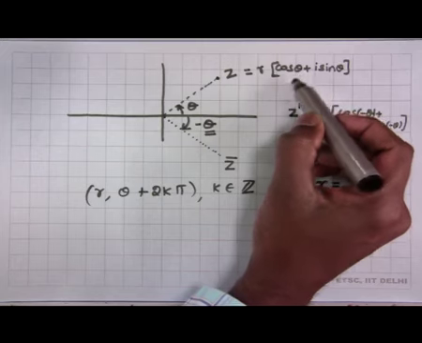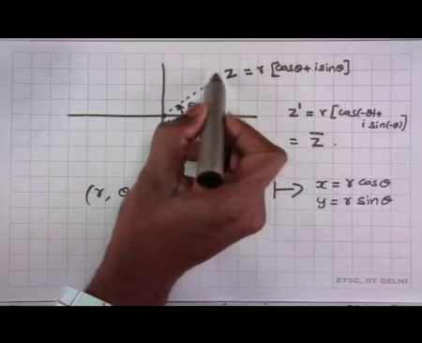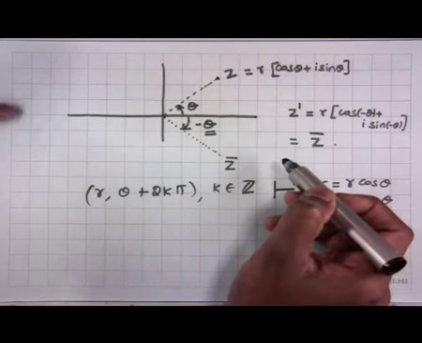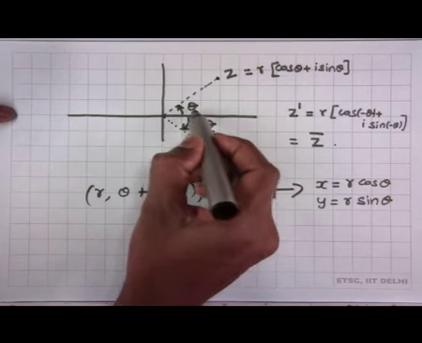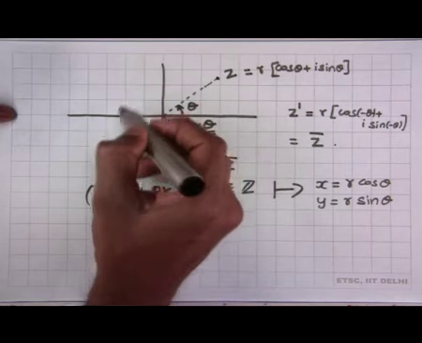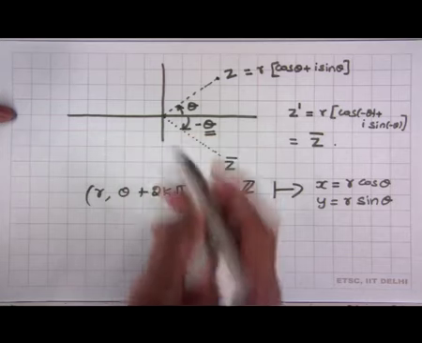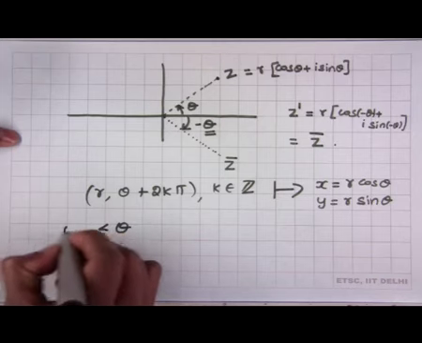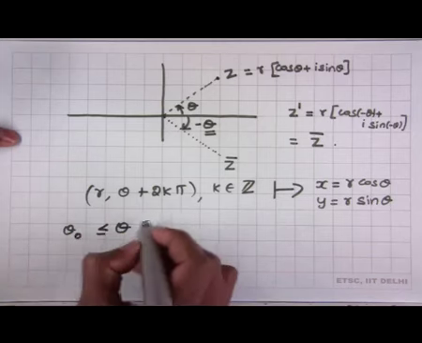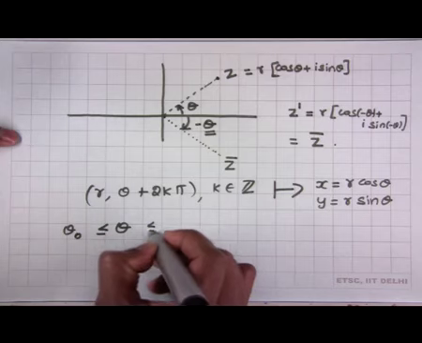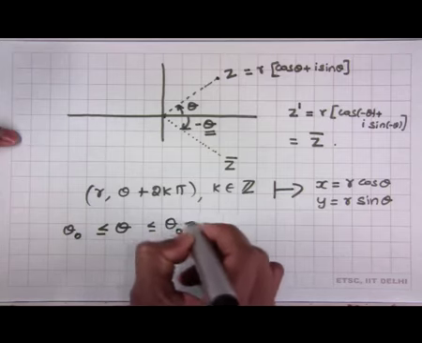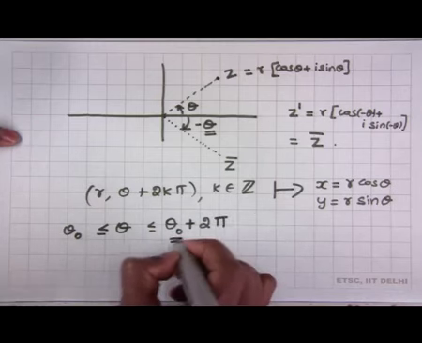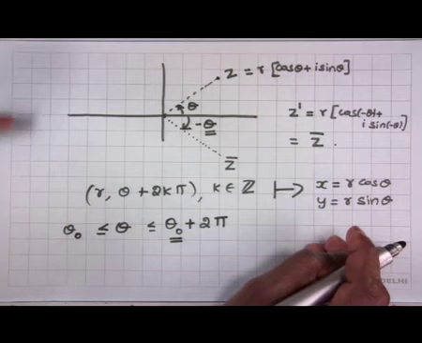At the same time, to cover this entire plane, we need to vary theta for a 2 pi interval length. It means that you take theta from theta naught to theta naught plus 2 pi, where theta naught can be any real number.